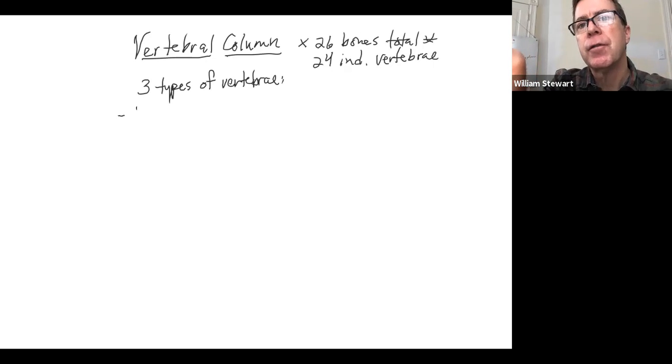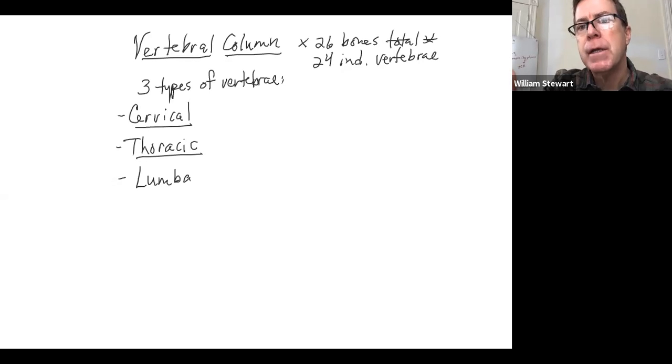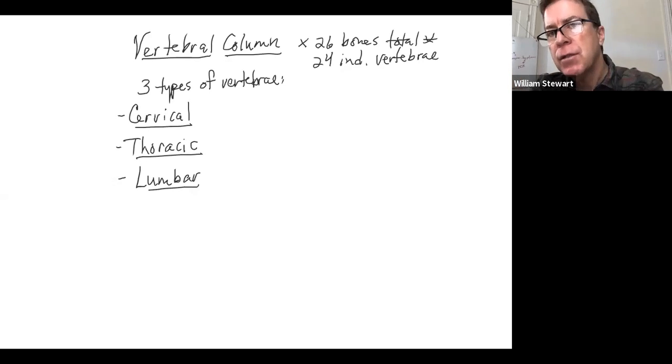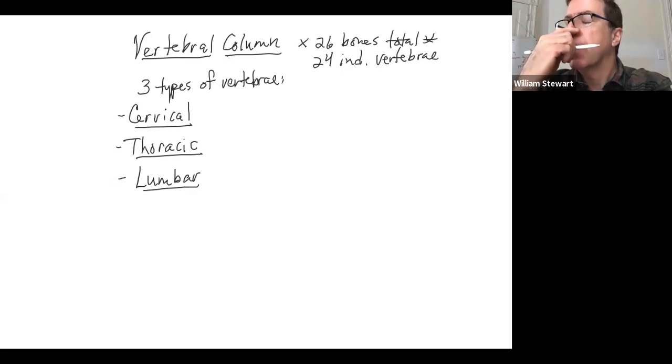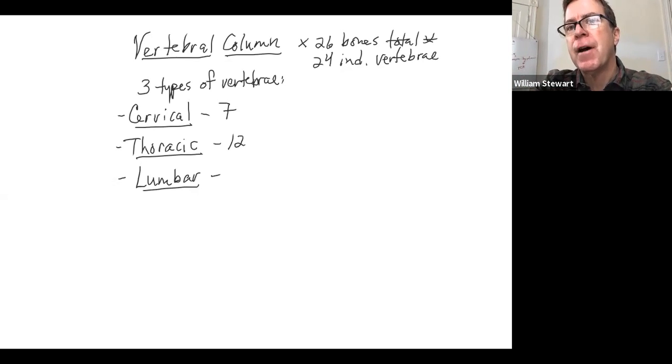There are cervical vertebrae. That means in the neck. There are thoracic vertebrae in the thoracic cavity or chest. And there are lumbar vertebrae in the lower back or lumbar region. So they get their name based on location, obviously. In the human body, there are 7 total cervicals, 12 total thoracic, and 5 total lumbar vertebrae.